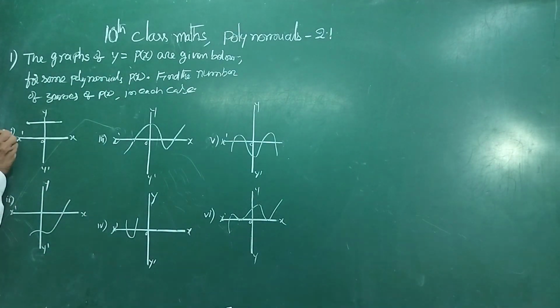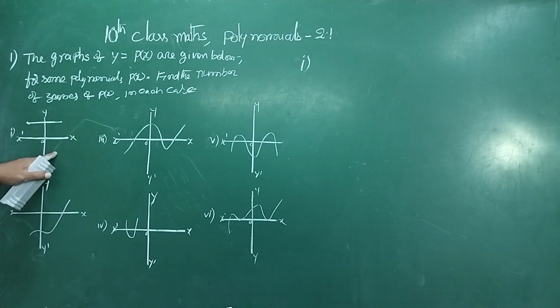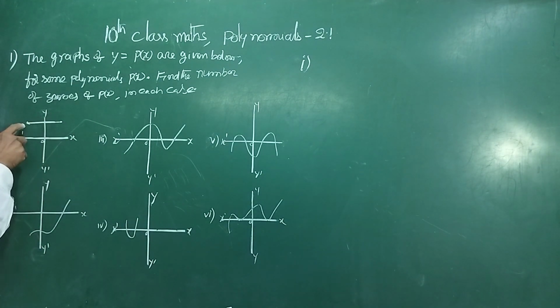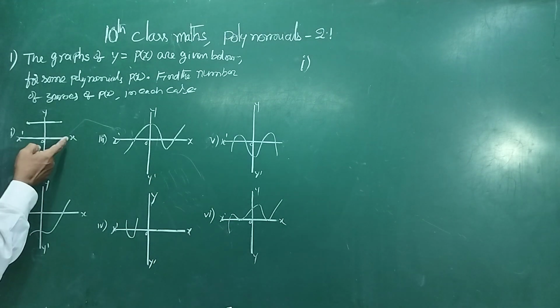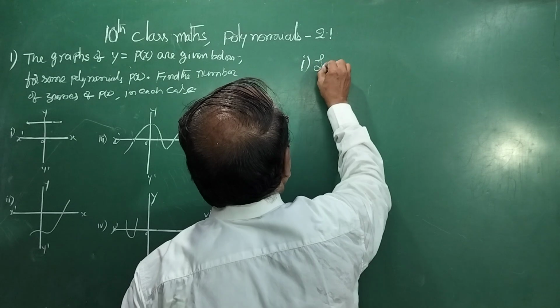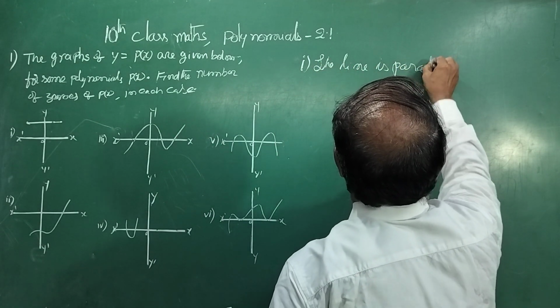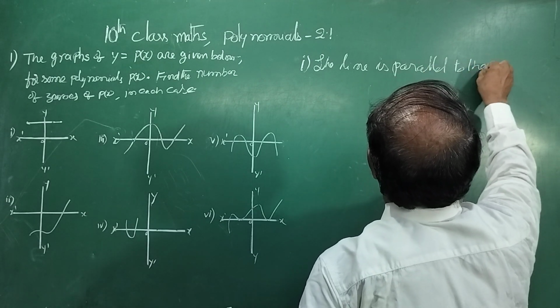Here, number one. In each case, we have to find how many zeros are there. Does this line touch the x-axis at any place? No, this line is parallel to the x-axis.